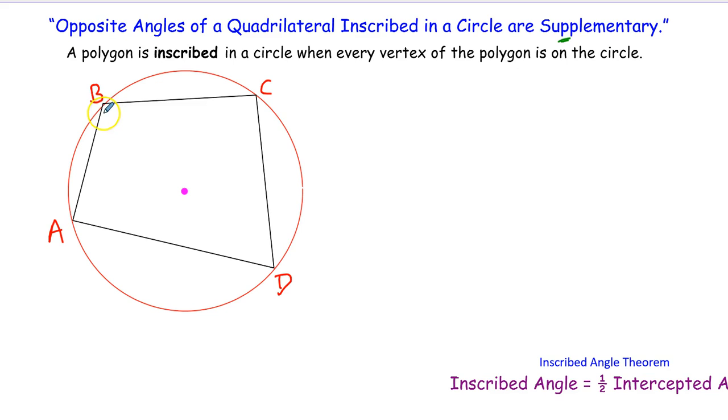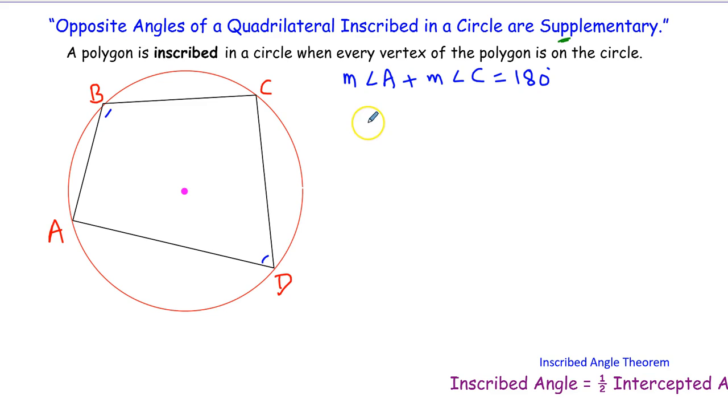That is, the measure of angle B plus the measure of angle D is equal to 180 degrees. Similarly, the measure of angle A plus the measure of angle C is equal to 180 degrees.